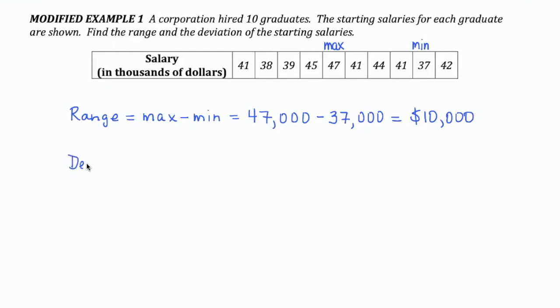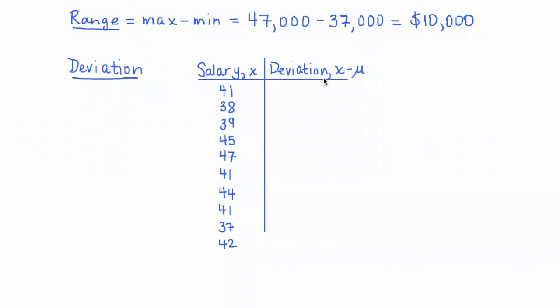Now for the deviation, we have to calculate the distance that each piece of data is from the mean. All right, in order to calculate the deviation, you have to subtract the mean from each piece of data. So the first thing I need to know is the mean. So what I need to do is add up all of these salaries.